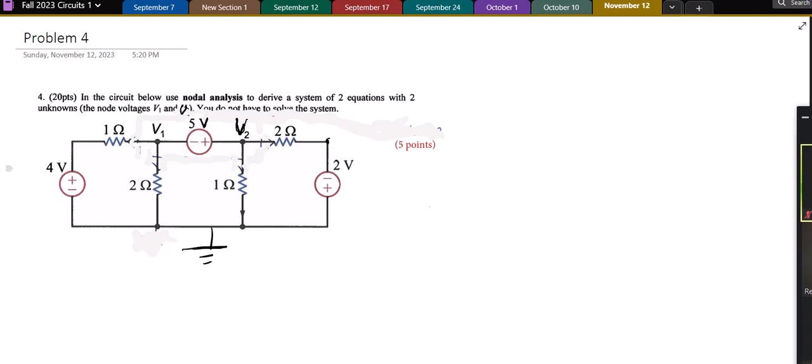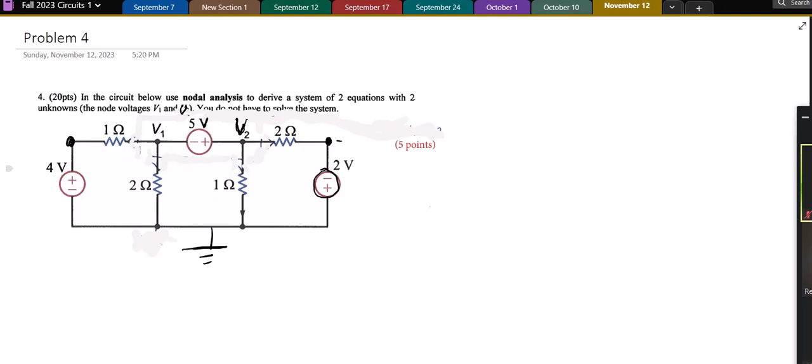However, we do know what the voltages are at these top two corners relative to ground. If I look at the right hand side, the other side of this voltage source has to be 2 less than the bottom, because that's the way it's oriented. I've got the minus sign on top, so the top side is 2 less than the bottom side.